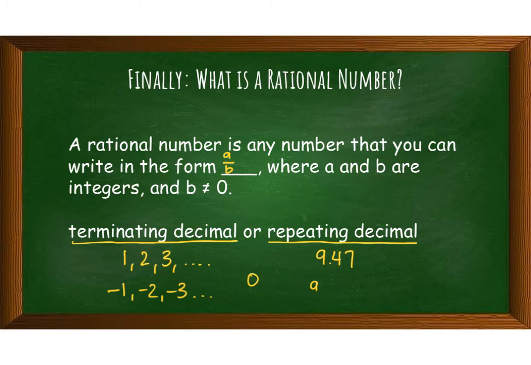A repeating decimal would be like 9.3333 and so on, which turns into 9.3 repeating. That's a repeating decimal. Or if it was 7.36, 7.36 repeating. Okay. So it's any of those numbers, those are considered rational.